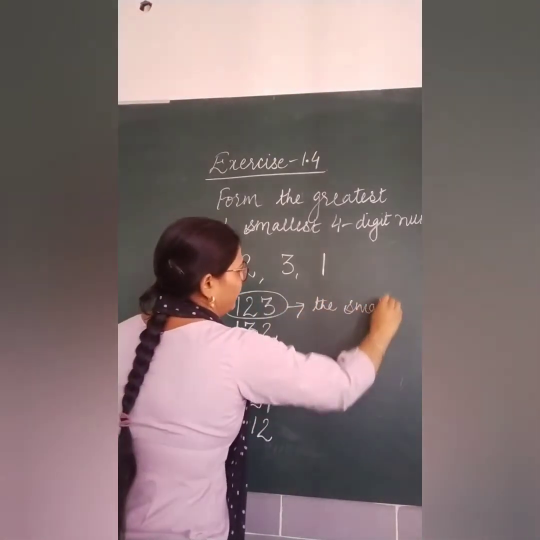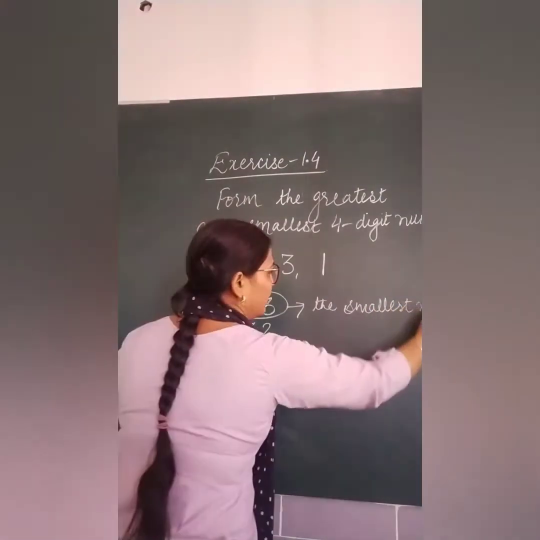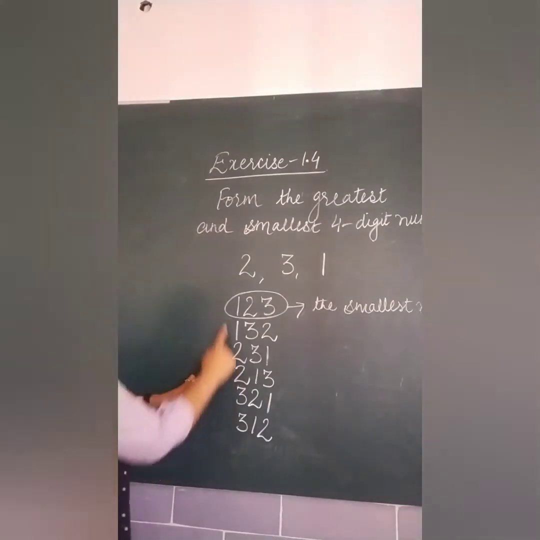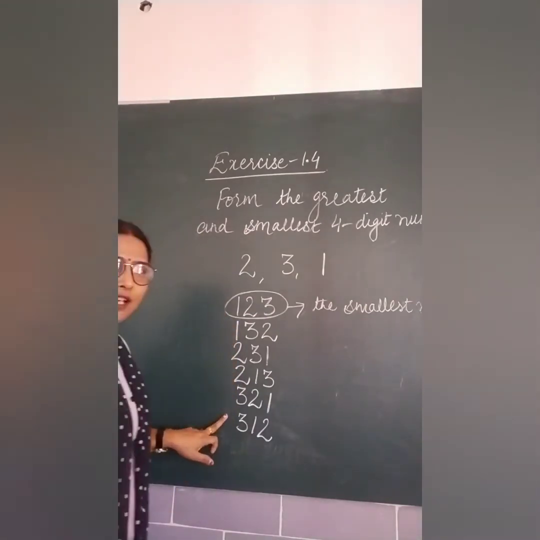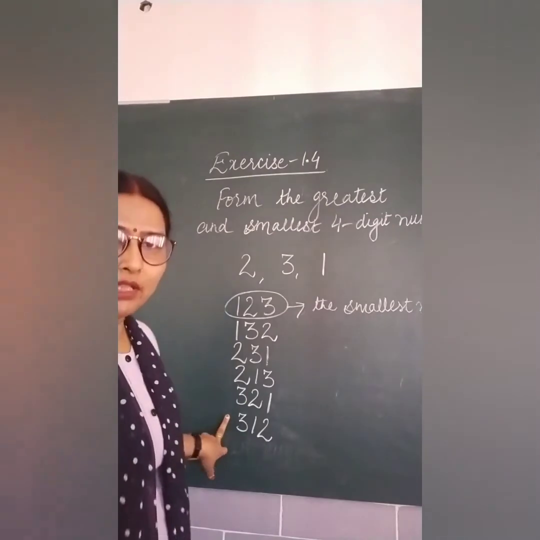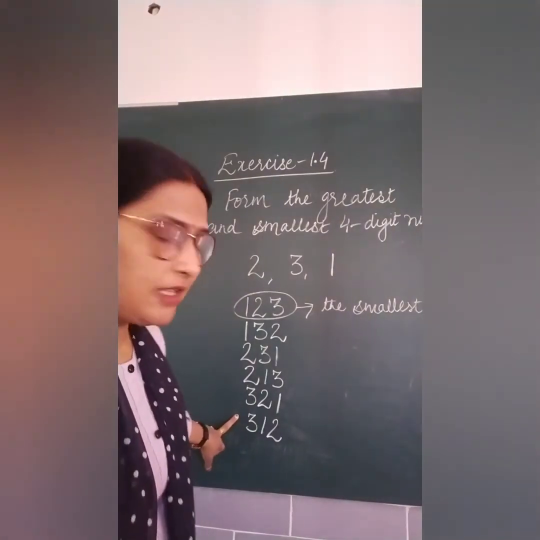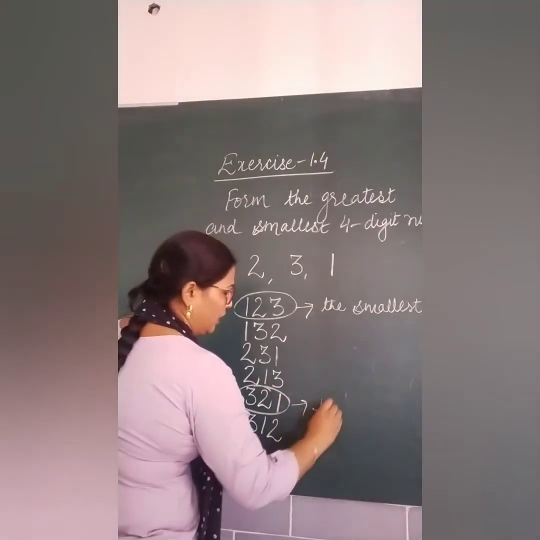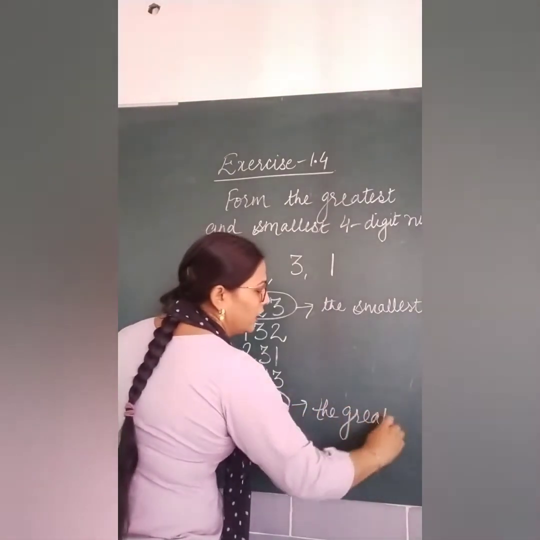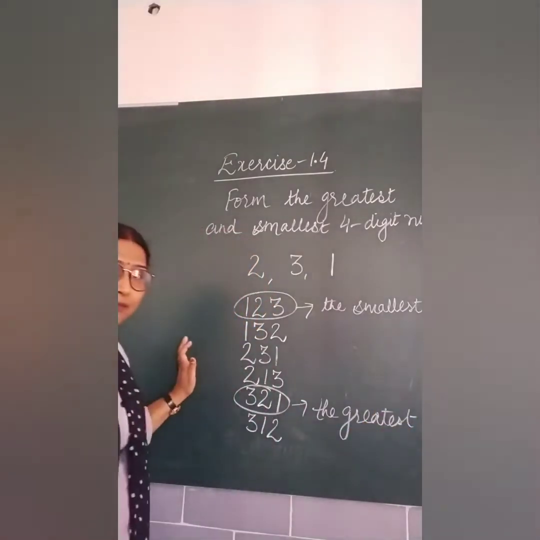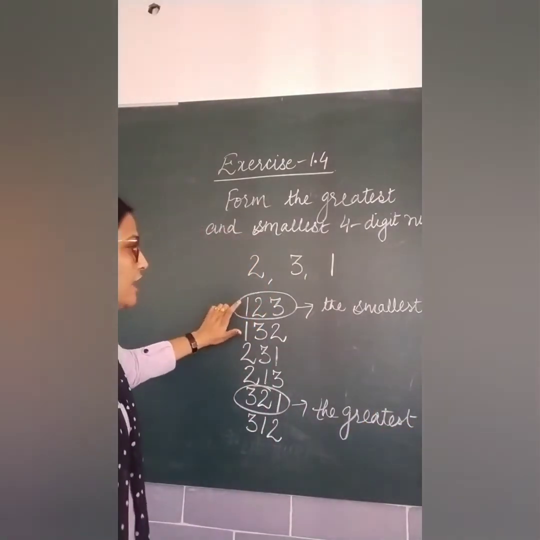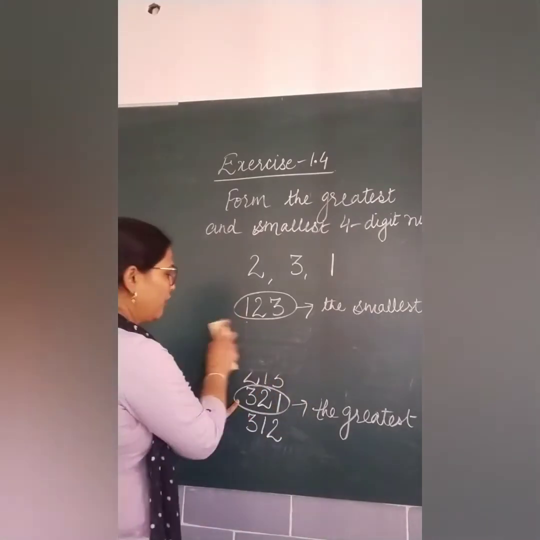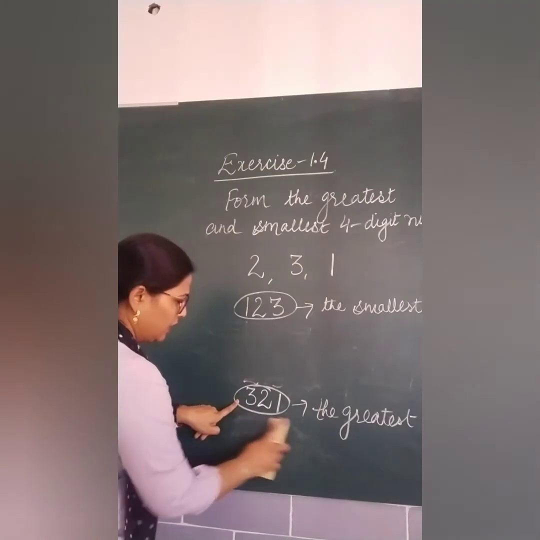And if it is asked which is the greatest number, we can see this is the greatest number. Others we will ignore because we have to find out only the smallest and greatest.